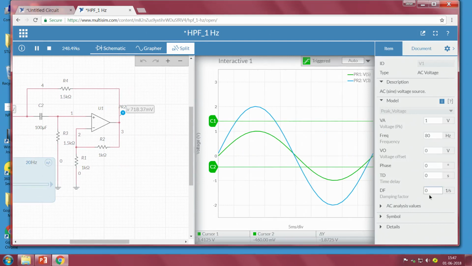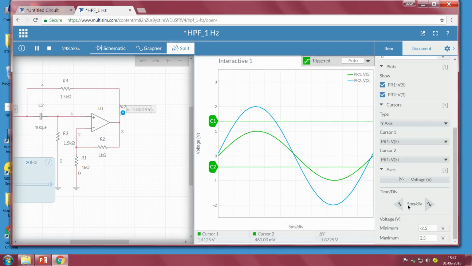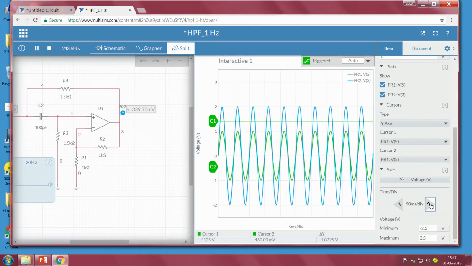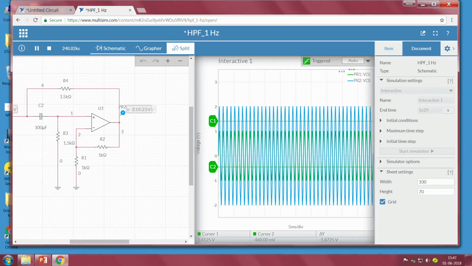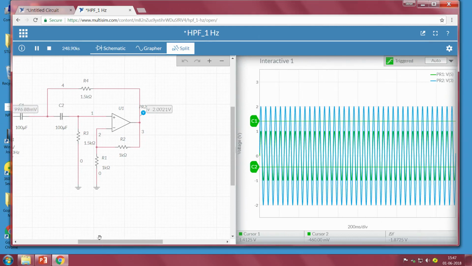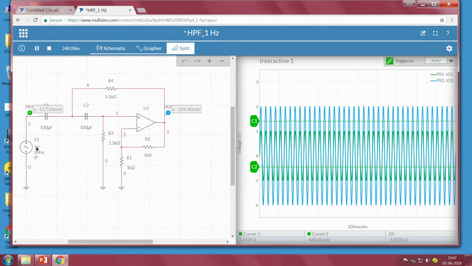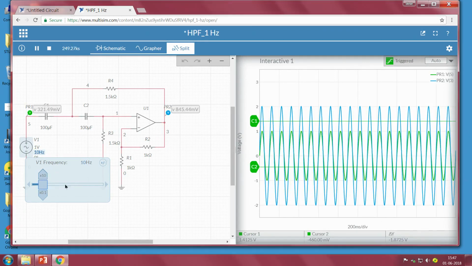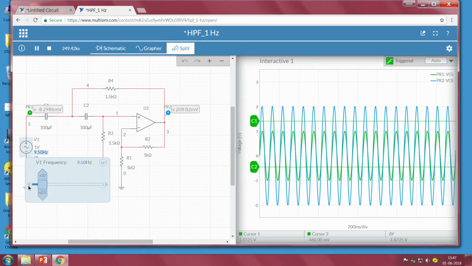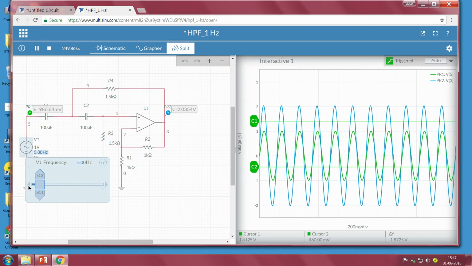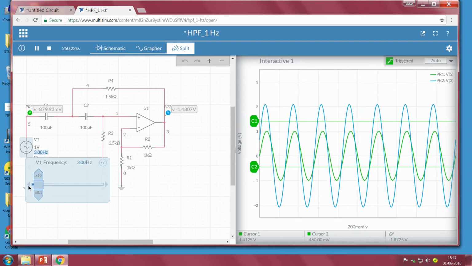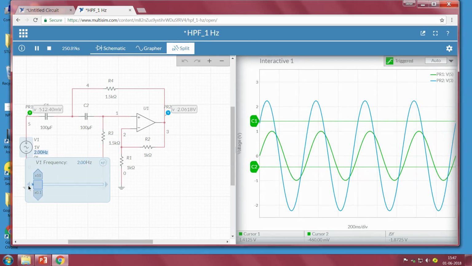Since we have to observe even at smaller frequencies, I will increase the time division so it is easy to visualize. Then change the frequency slowly from here to 10, same, then slowly decrease: 9.5, 7, 6, 5, 4, slowly decreasing it.